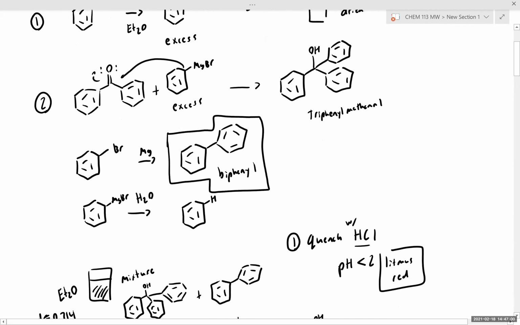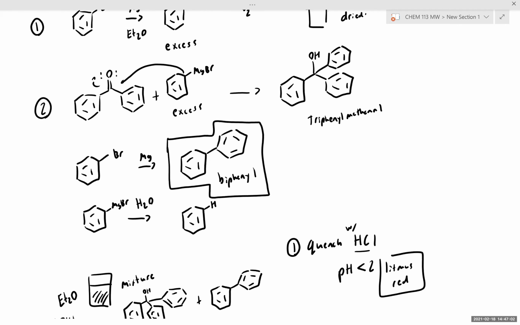So the mechanism for this homocoupling reaction, there are a few ways to think of this.